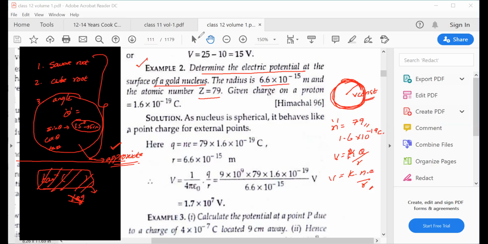Okay, right, so is it over? Example 2, please make it fast ma.